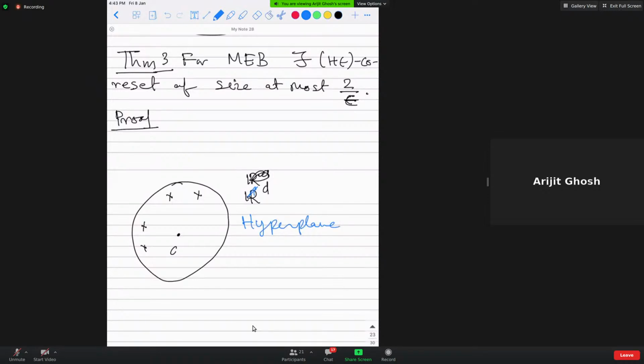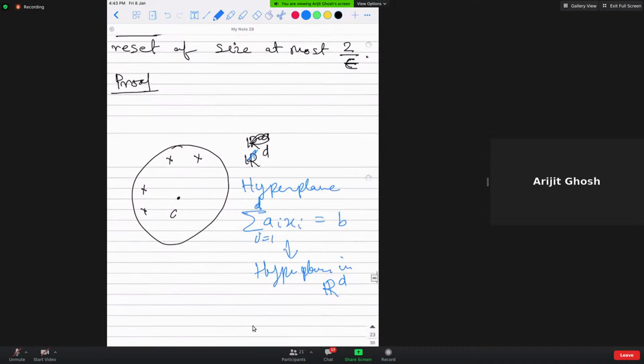Hyperplanes are basically generalizations of lines in R^2 to R^d. These are basically linear equations like this: summation of ai xi, i equal to 1 to d, equal to some constant b. These define hyperplanes in R^d, which are generalizations of lines in R^2 to R^d.